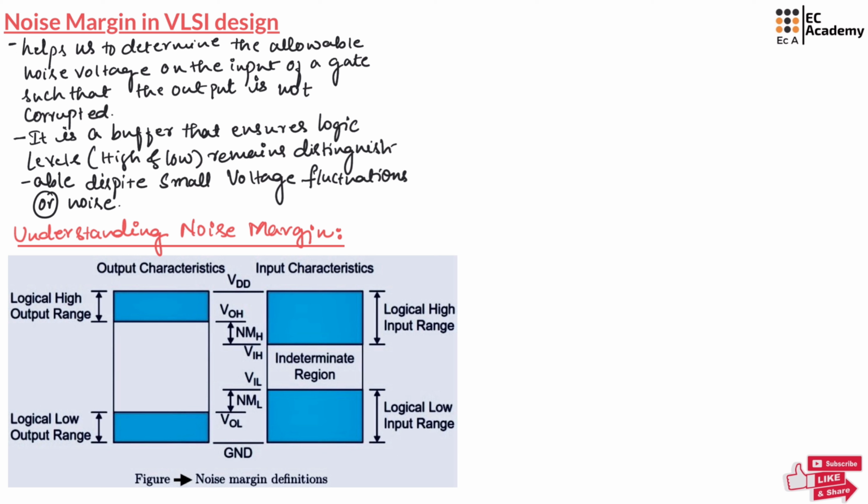If we take the difference between these, we get the noise margin for logic low. The output range is divided into the logic high output range that starts from VOH up to VDD.